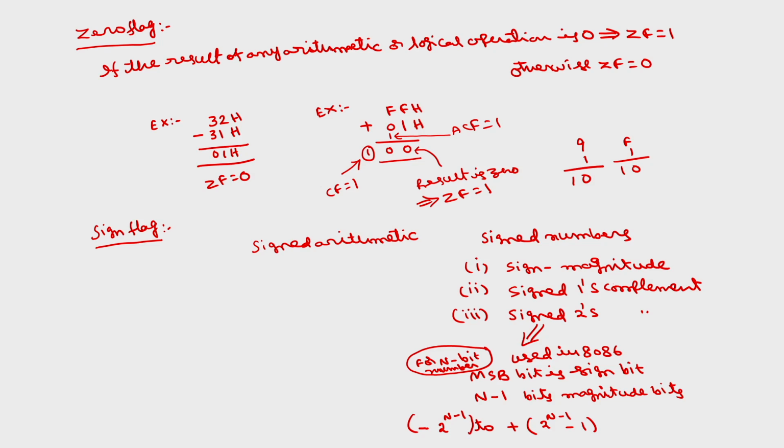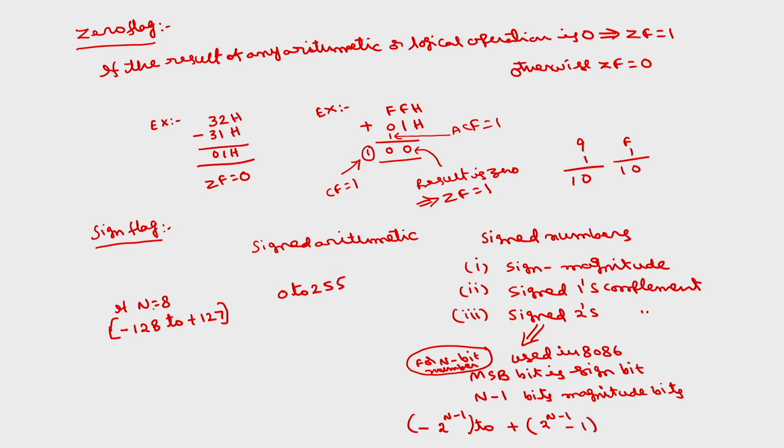For example, if n is equal to 8, this range becomes minus 128 to plus 127. So, even though you have 8 bits, this is the range of the numbers that you can represent in signed 2's complement representation. If it is an unsigned number, 8 bits means you can represent from 0 to 255.